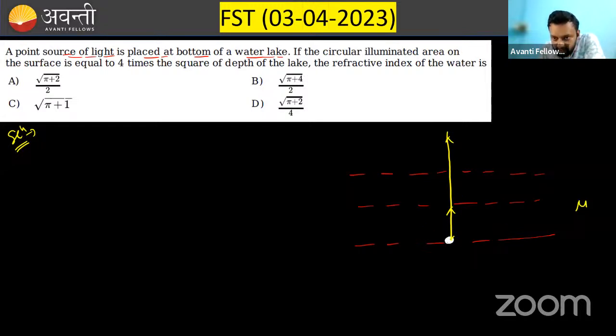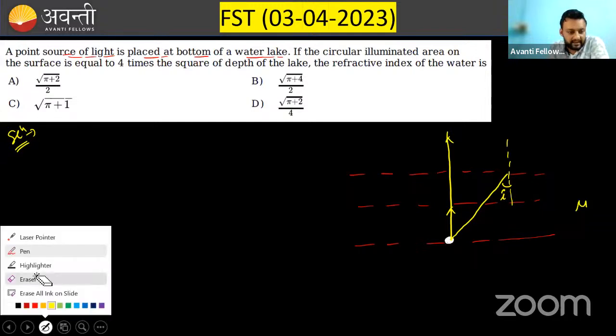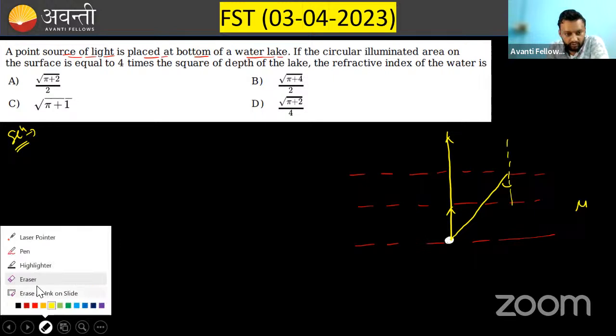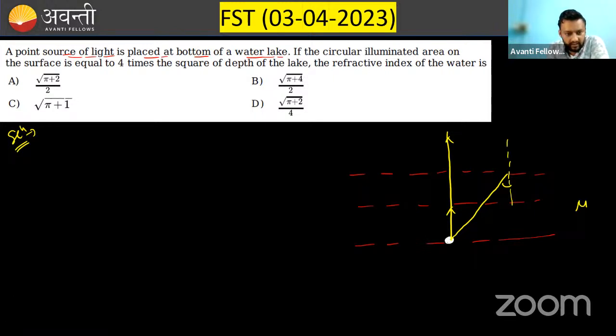And the ray which is inclined at some angle, let's suppose this one. So the angle of incidence will be this one. And let's suppose it is incident at an angle equal to the critical angle. You know the term critical angle now? If it is incident at an angle equal to the critical angle, that is theta c, then this ray will not come out.